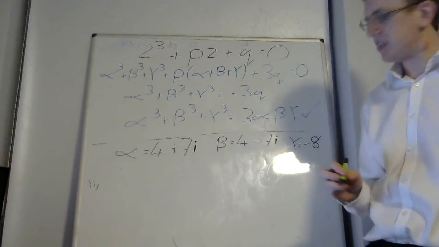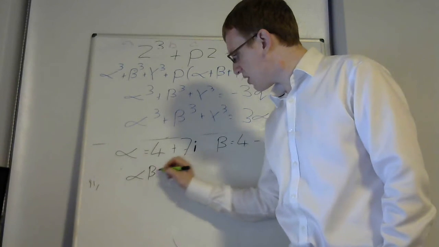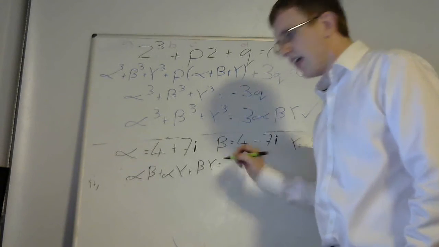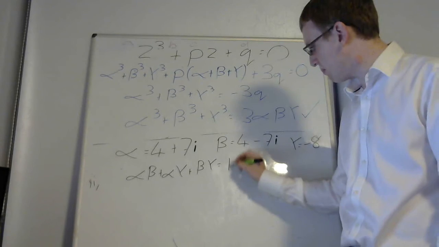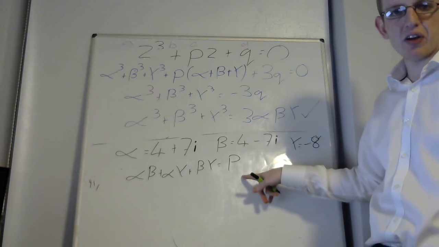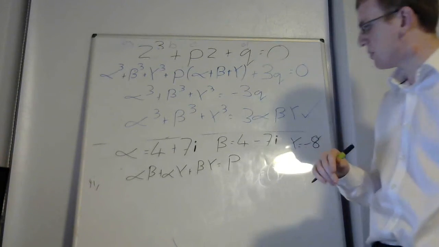So those other 2 equations, you've got them written down, I haven't. Alpha beta plus alpha gamma plus beta gamma is equal to C over A, so what would that be? P. So if you multiply these in pairs and add them together, you're going to get P. I'm not going to do that for you. You should be able to multiply complex numbers.